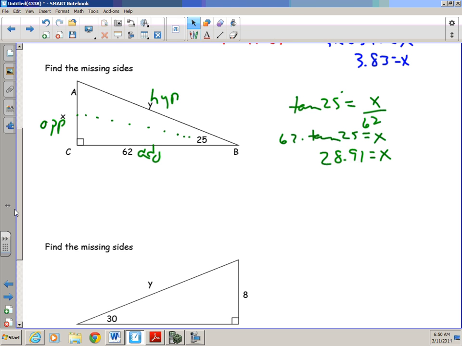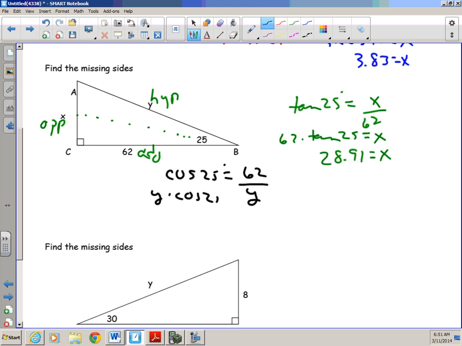Now, to be more accurate, what I'd rather do is stick with the 25 and stick with the 62, because 28.91 is a rounded answer. So now I'm going to use cosine of 25 equals 62 over y. Y cosine 25 equals 62.